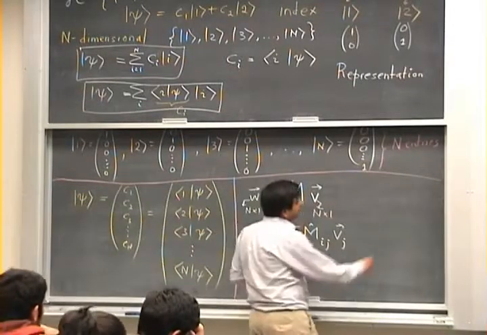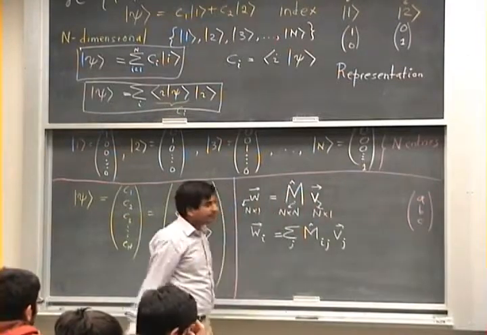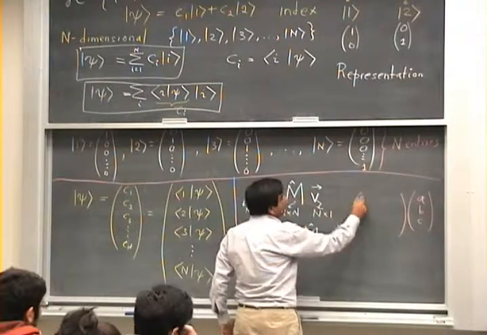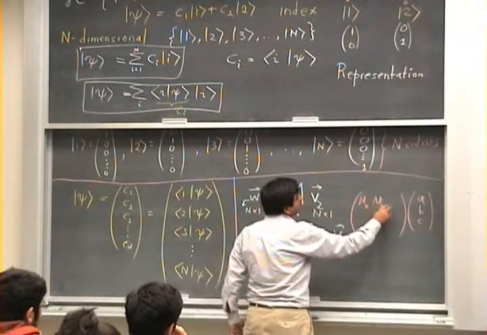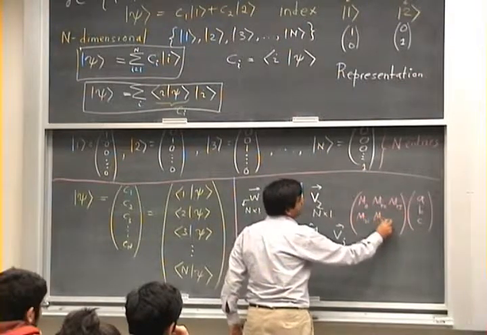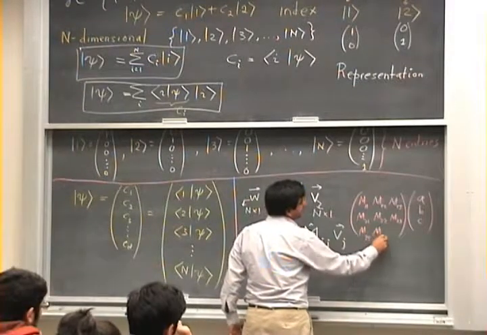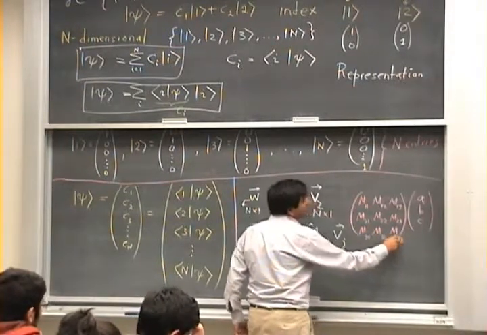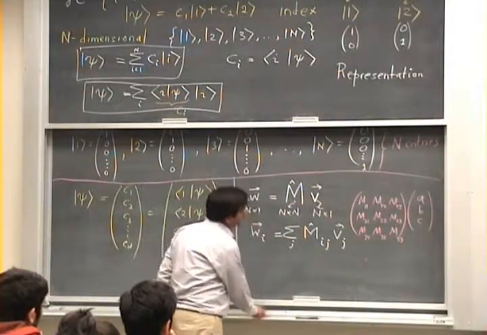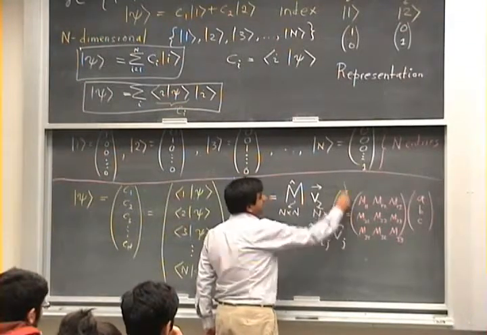Suppose I have V as A, B, C, and I have a matrix M11, M12, M13, M21, M22, M23, M31, M32, M33. And the result is a vector A dash, B dash, C dash.